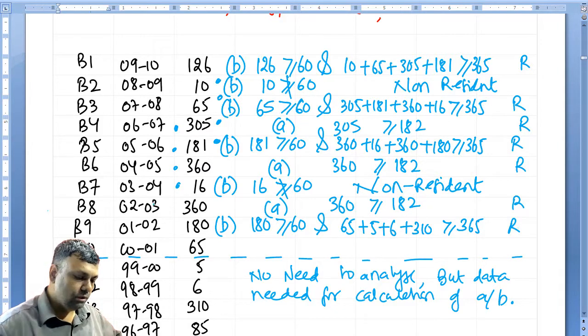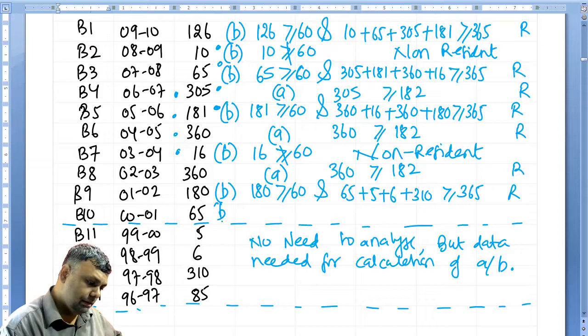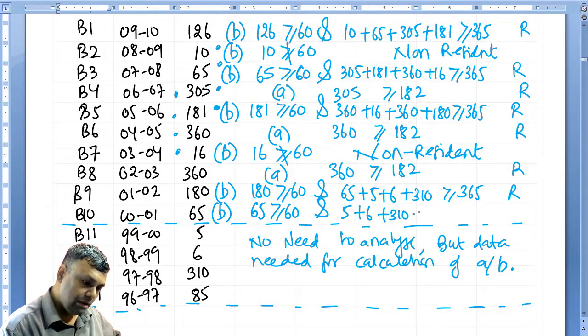Now I guess you have understood that earlier years' data is being used for the later years. And the last one: 65 should be greater than or equal to 60, and 5 plus 6 plus 310 plus 85 should be greater than or equal to 365, and so you are resident.